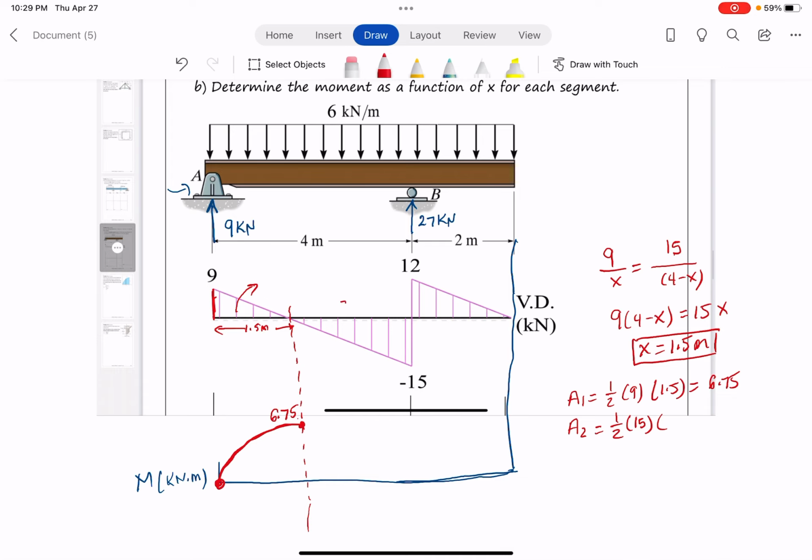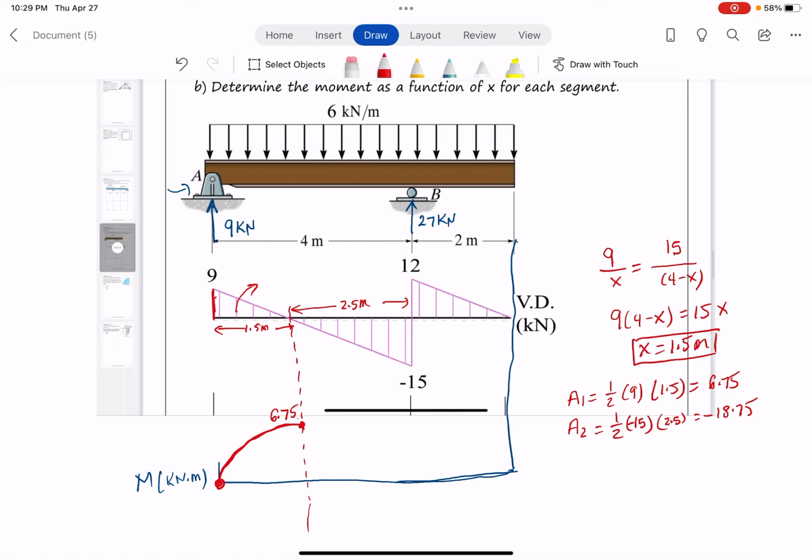That's 2.5 here, that's remaining from the 4 meter. So 1/2 times 15 times 2.5. Remember, this 15 is negative because here we have to account for the negative moment. So 2.5 times 15 divided by 2 is minus 18.75. So this is a negative plus 6.75. That will give you minus 12.